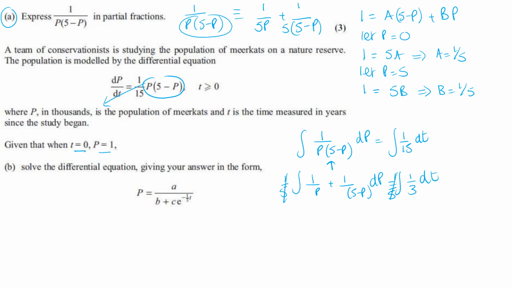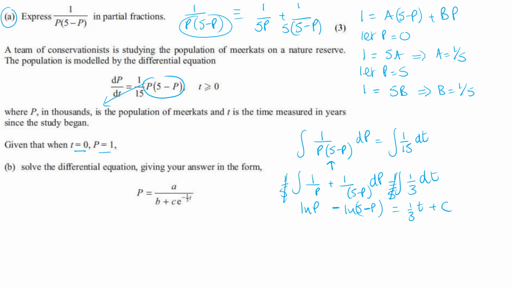So 1 over p is going to integrate to the ln of p, and then it'll be the ln of 5 minus p, and by the chain rule we'll have to compensate for the fact that we'll get a minus when we differentiate, so we'll have a minus there, is equal to 1/3 of t plus c.